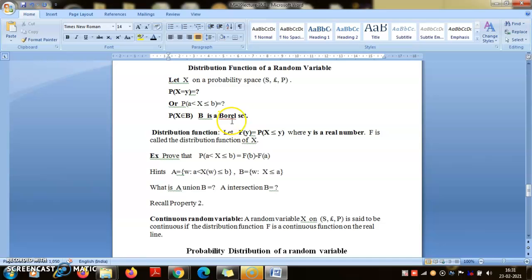In particular, we define the probability distribution through a function called the distribution function, F(y), which is essentially the probability that X is less than or equal to y.